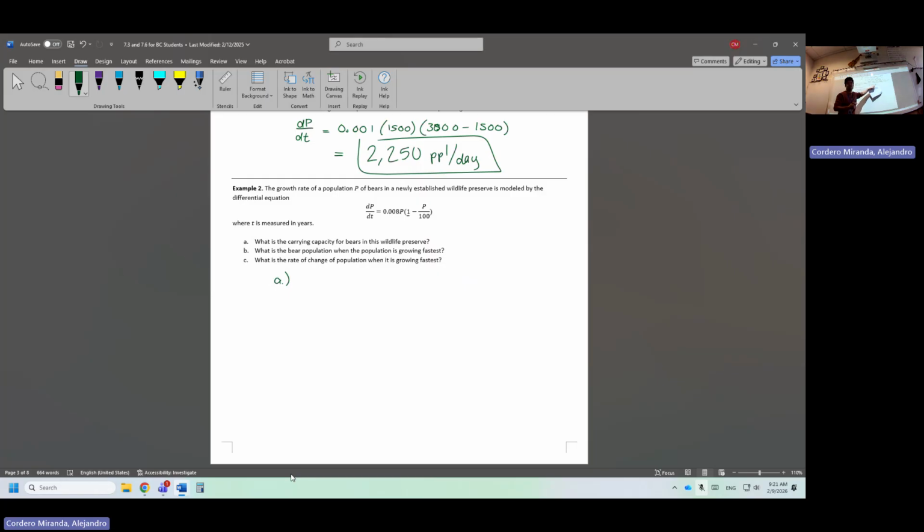So if you wanted to make this look like the other ones, then you would have to multiply the 100 back into the parentheses and take it from this 0.008. See what I'm saying? If I were to distribute times 100 into here, I would have to take the 100 out of this to give it to you.